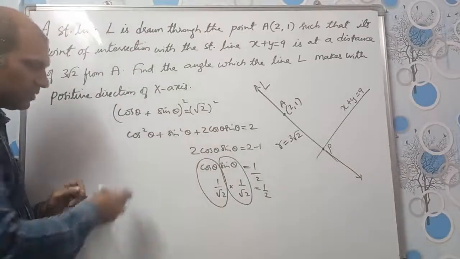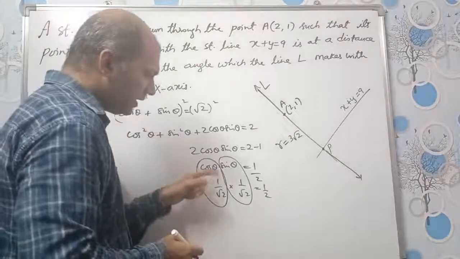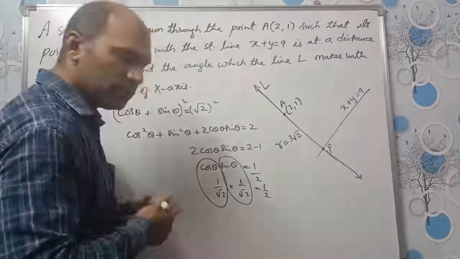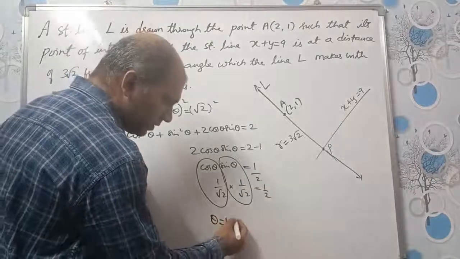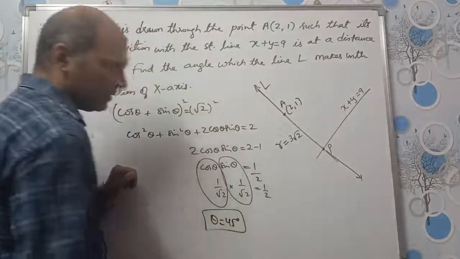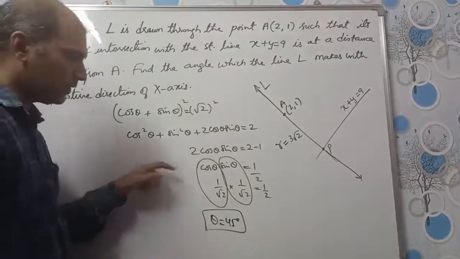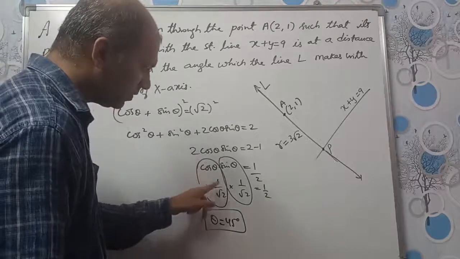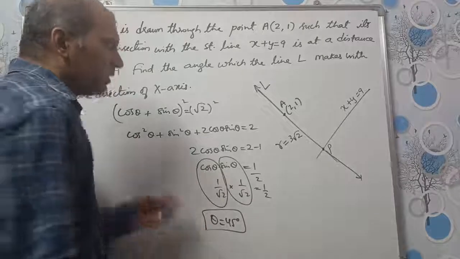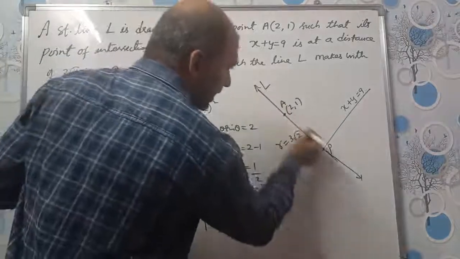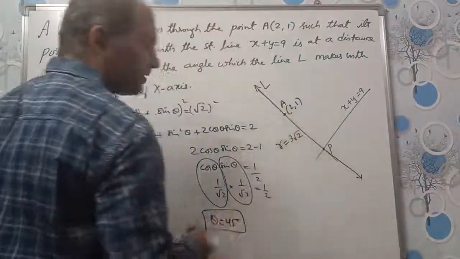So when are this cos and sin 1 by root 2? At theta is equal to 45 degrees, right? At theta is equal to 45, cos 45 is 1 by root 2, sin 45 is also 1 by root 2. So the angle that this line is making with x-axis is how much?